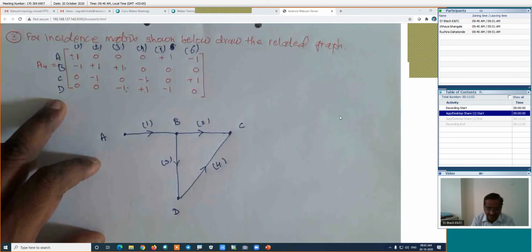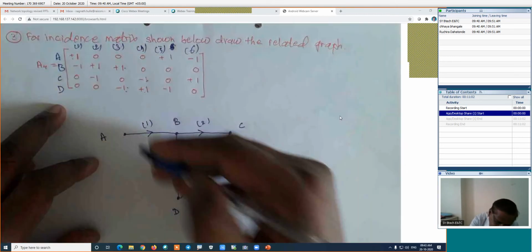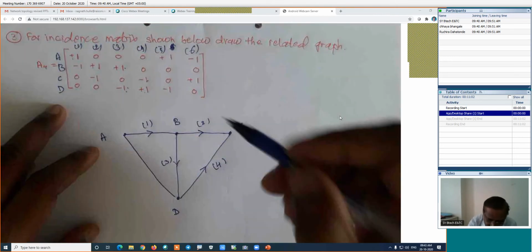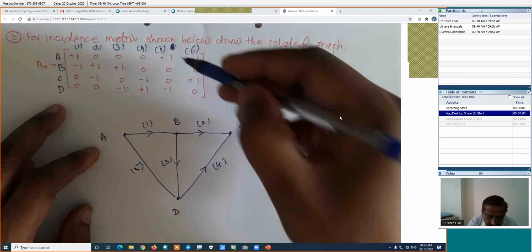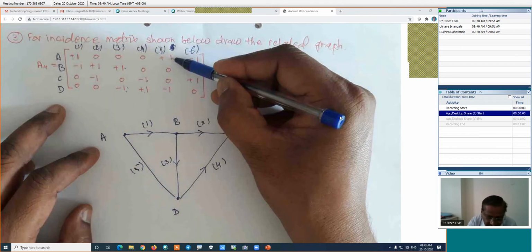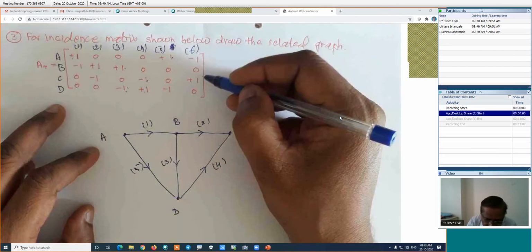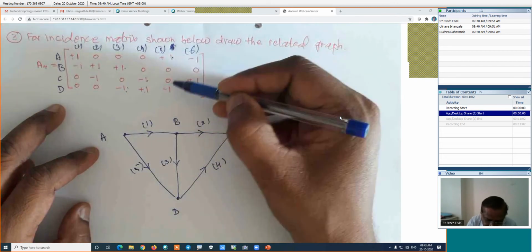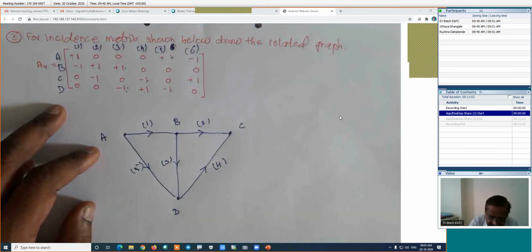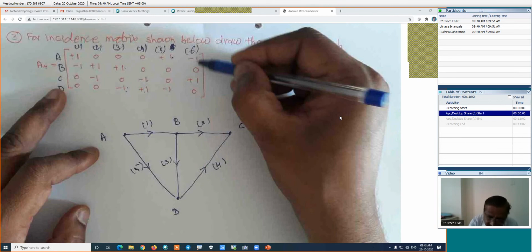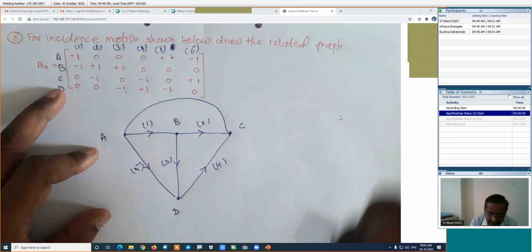That is the direction. For branch number 5, it is connected between the A and D. Between these 2 points, this branch number 5 is connected. How is this direction? Plus 1 from the A, means it is outgoing from the A, and minus 1 towards D, means it is incoming towards the D. And finally the branch number 6 is connected between the nodes A and C. How is the direction?